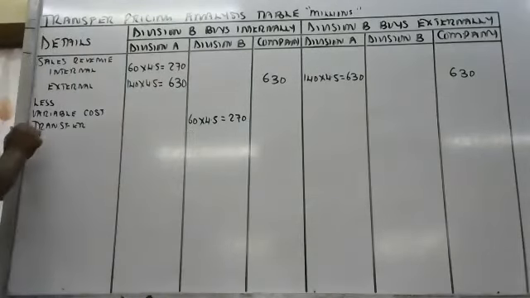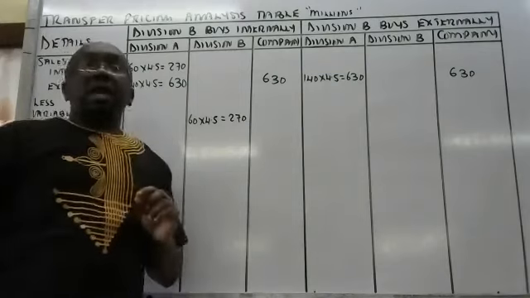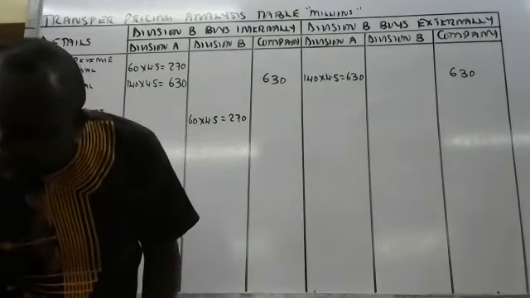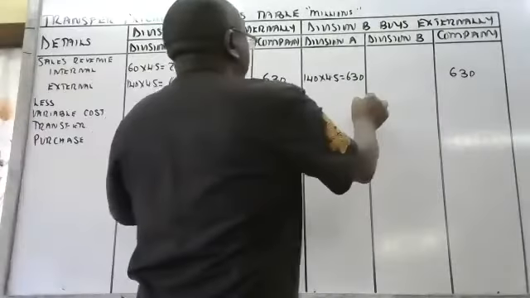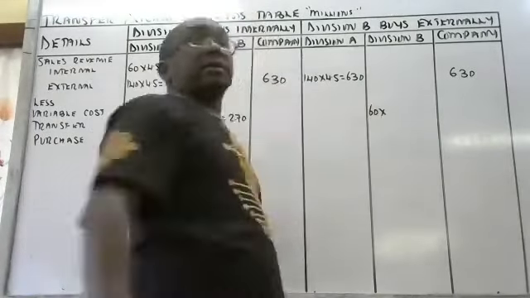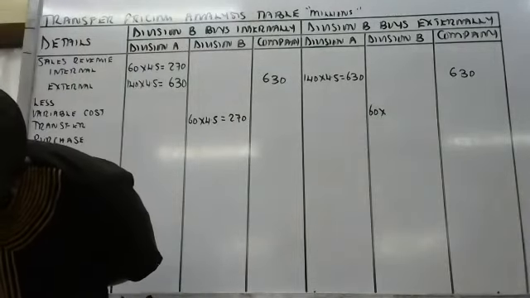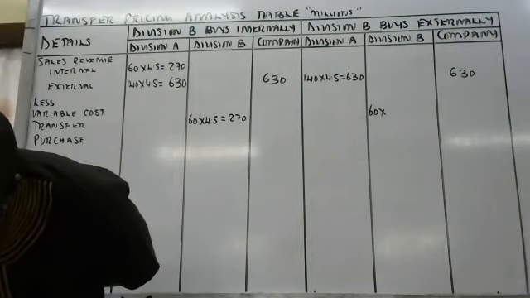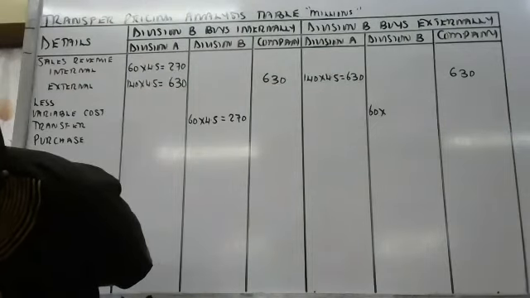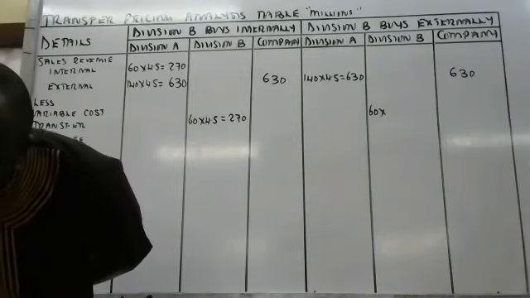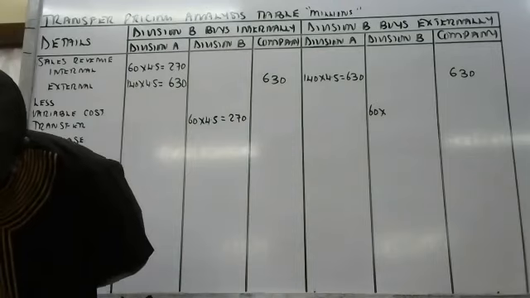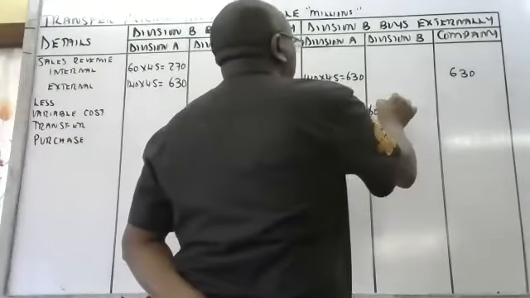But because of that, there will be another one, the purchase. So B is going to buy 60 here, at 2.25.